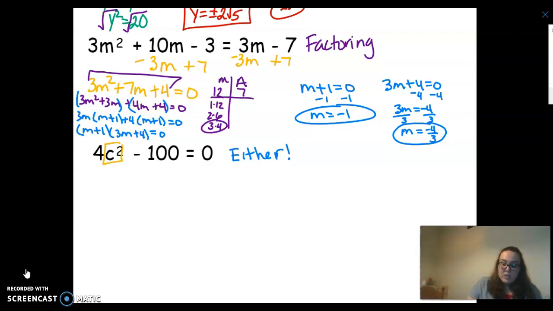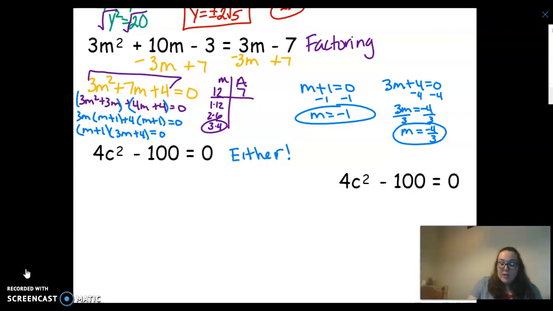Some of you may have noticed or remembered that, hey, I've got a perfect square and a difference. So when you solve this equation, no matter what method you want to use, I'm going to show you how you can use both.